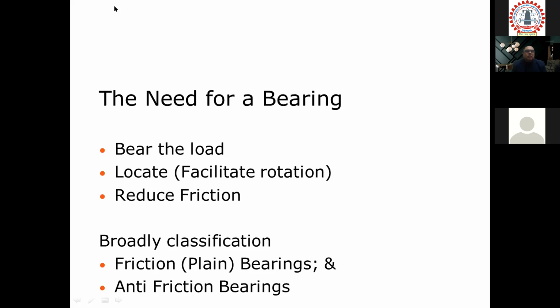There, the basic role is converting the friction to rolling friction, rather than the normal friction between metal to metal. It becomes a rolling friction. But in anti-friction bearings, there is basically no relative motion. So here we will only discuss the types of anti-friction bearings.